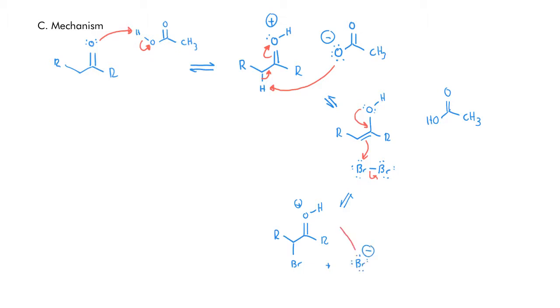Now, in the last step of the mechanism, we have to lose that proton on the oxonium. This is where a bromide or another acetate molecule can deprotonate that oxonium, and we are left with our alpha halogenated aldehyde or ketone.